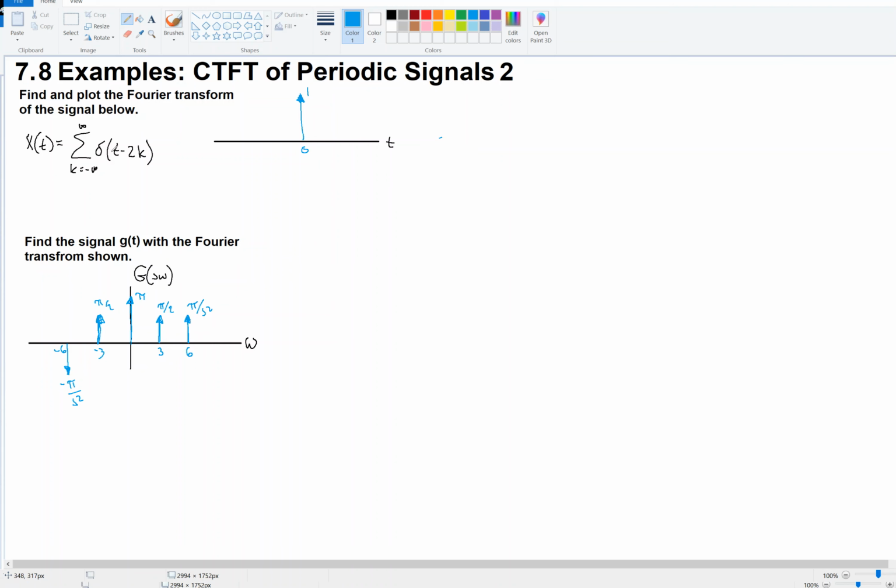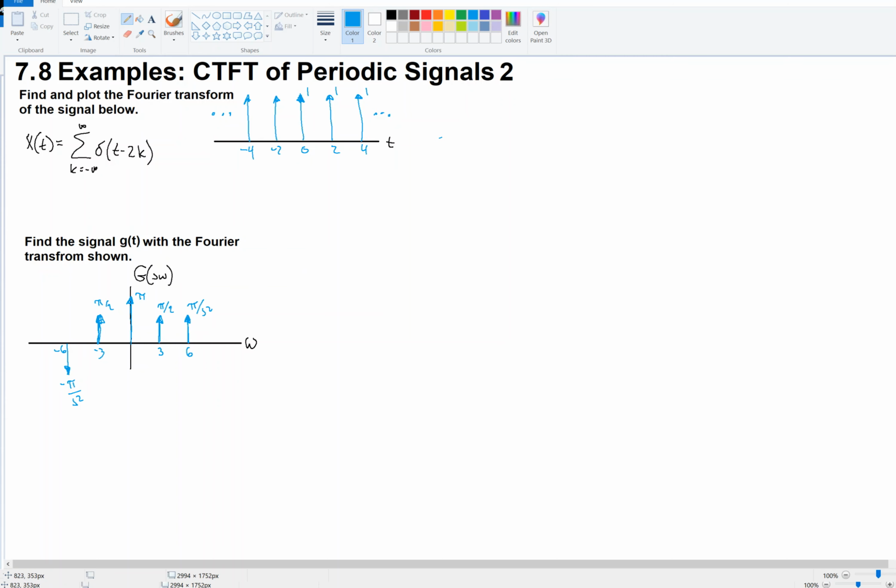Well, when k equals 1, we have delta of t minus 2, so that's this thing. And you can get the idea. We're going to have 1 at 4 when k equals 2, and we're also going to have the minus k's, so we're going to have something like this, and this goes on forever. This is the periodic impulse train.